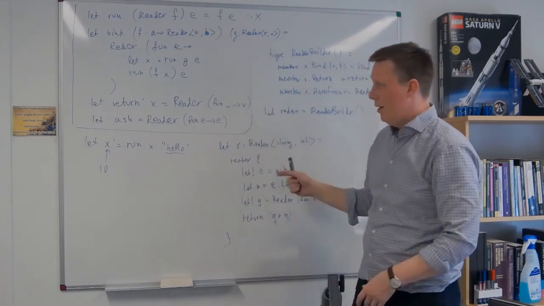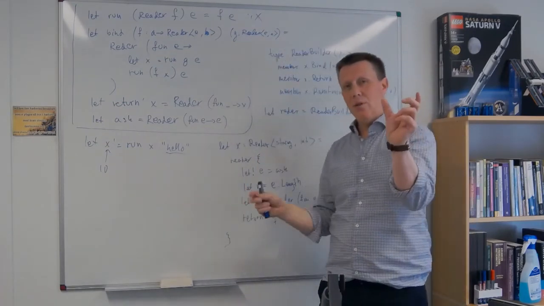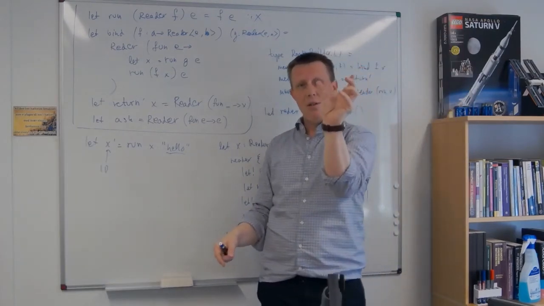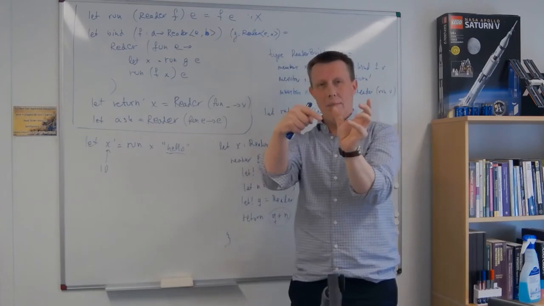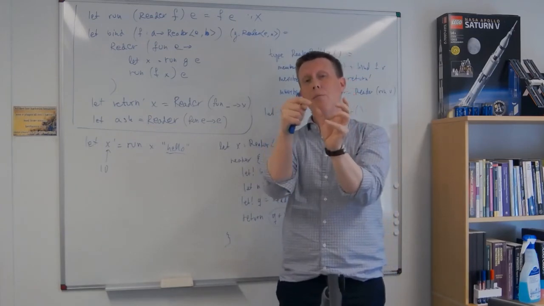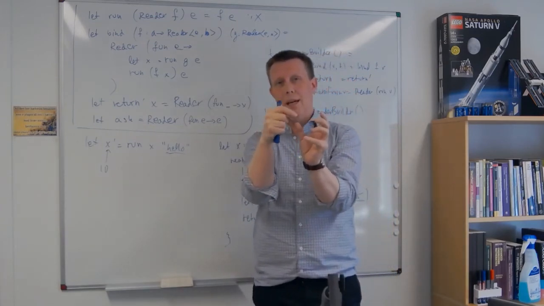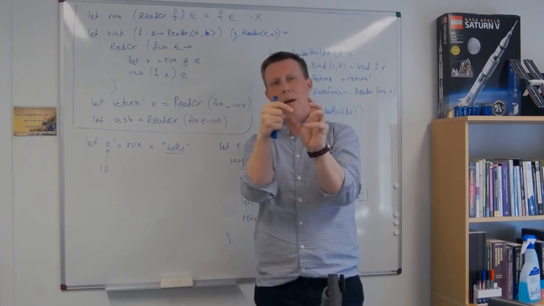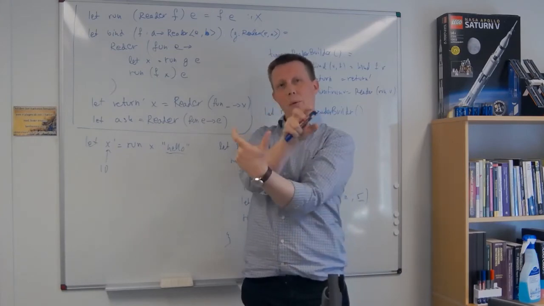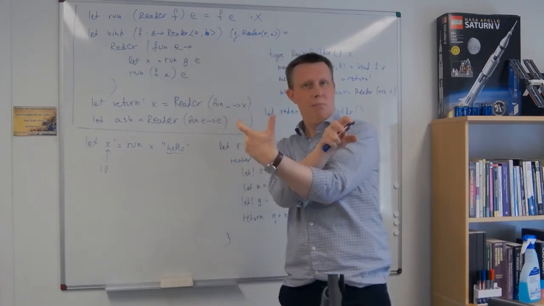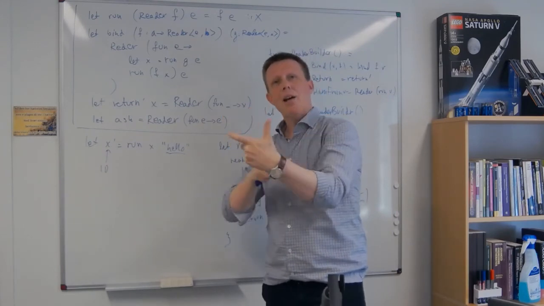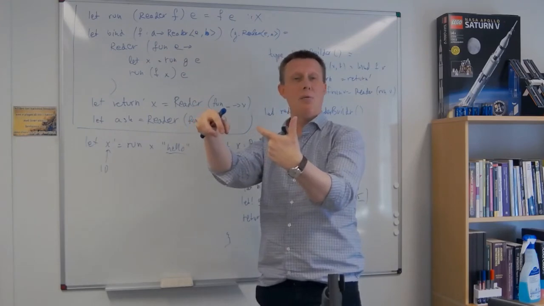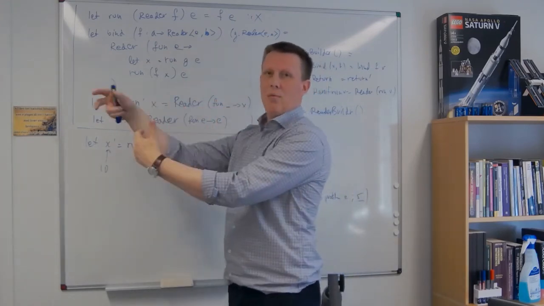When I compose these things in a chain or pipe them after each other, I take the first function, I give it the environment, and normally it would just produce a value. But now, when I'm composing it with the next function, I will pick up the environment I had, which is unchanged, and as I compose it with the next function, I feed that environment into the next one as well, and the next one, and the next one.